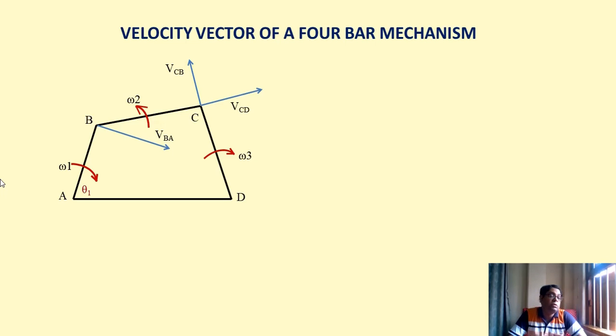Now you may ask why it is rotating in the reverse direction, or whether it will always rotate in the reverse direction, or whether there is any particular situation where the crank and the connecting rod, that is two adjacent links, will rotate in the same direction, when it will happen or whether it happens or not.